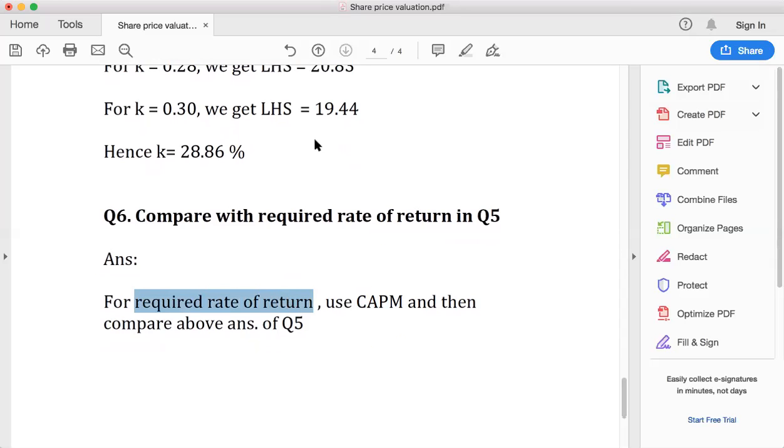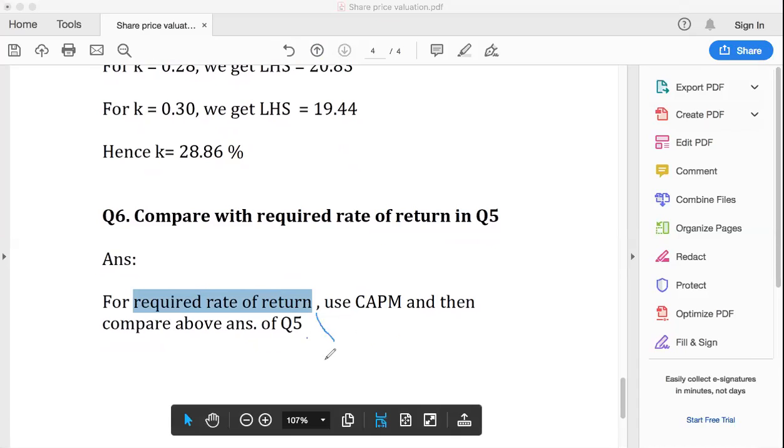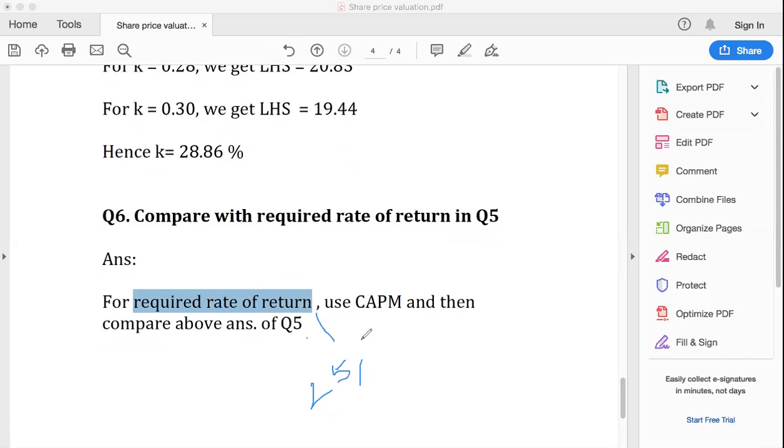So suppose you calculate from CAPM that your required rate of return is, say, 25%, for example, and the solution of the previous problem is that your internal return buying this stock at 20 and selling it at 35 is 28.86%, which is higher than the required rate of return. So obviously an investor will invest into this particular stock.